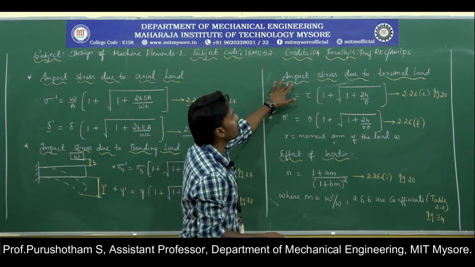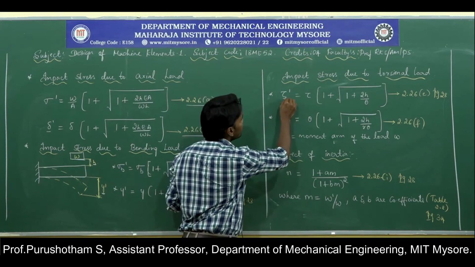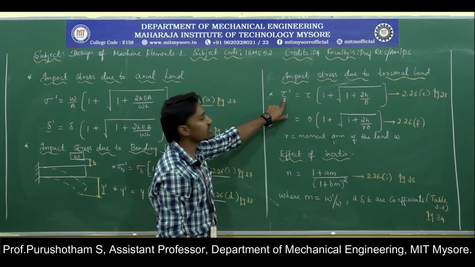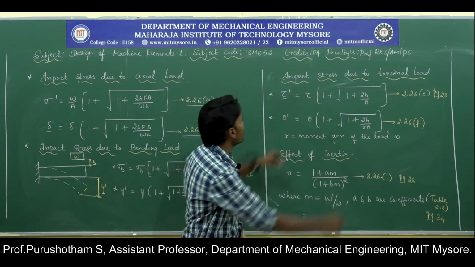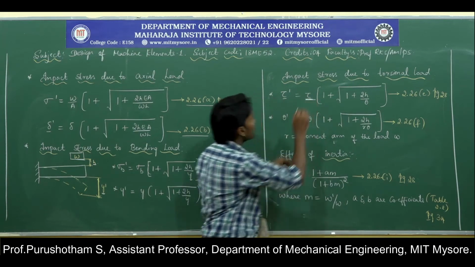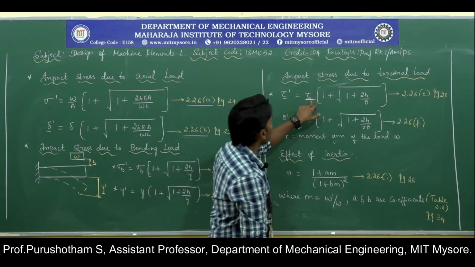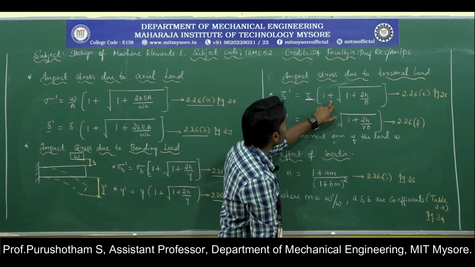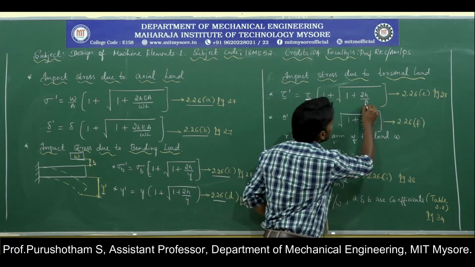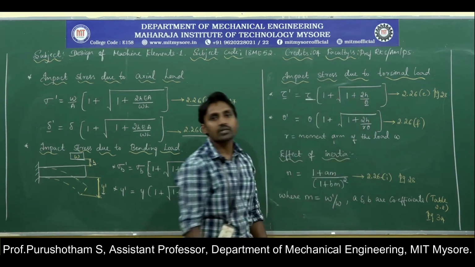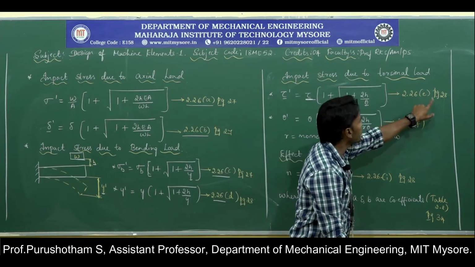Now the impact stress due to the torsional load is given by tau dash, that is the impact stress induced due to the torsional impact load, which is equal to tau, the torsional stress due to the static load, times 1 plus square root of 1 plus 2h by theta. Here theta is the angular deformation due to the static load, which is available in the data handbook 2.26e.